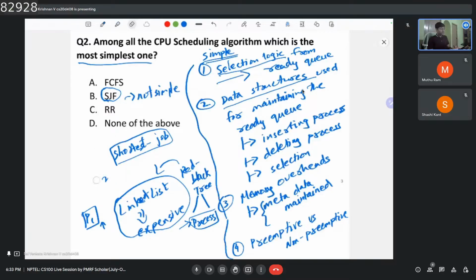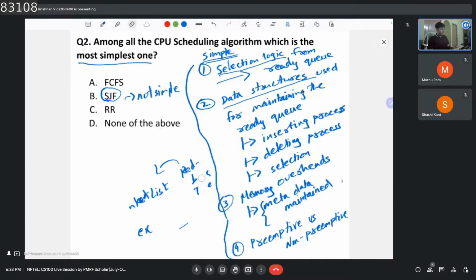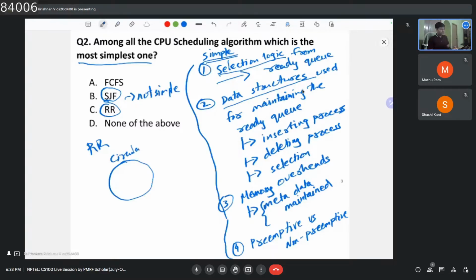Now, if you look at round robin, what is round robin all about? It's simple. It just has a circular queue, and the processes are maintained in it. The ready queue is maintained as a circular linked list, and whichever process is next in that circular linked list is scheduled onto the CPU.